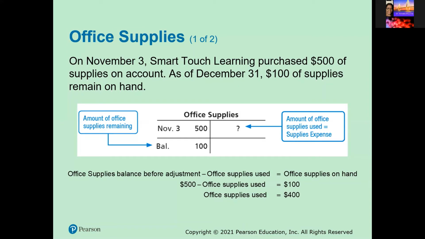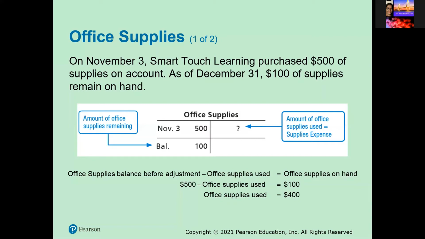Let's assume the ending balance of supplies is $100, which was found by counting the office supplies on hand at the end of the month. Since there are only $100 of supplies left on hand, the company has used $400 worth of supplies. We found that by taking the $500 beginning balance minus the $100 ending balance.